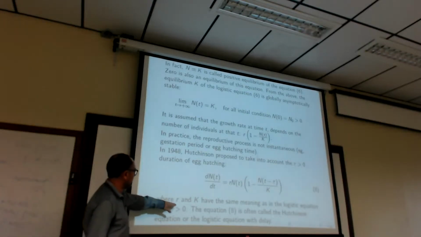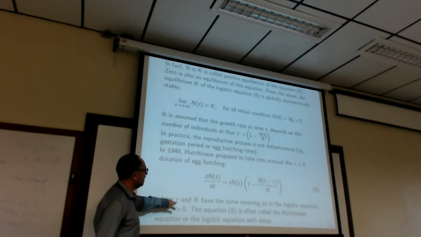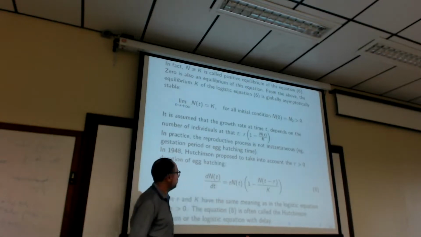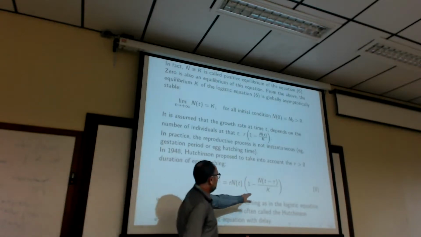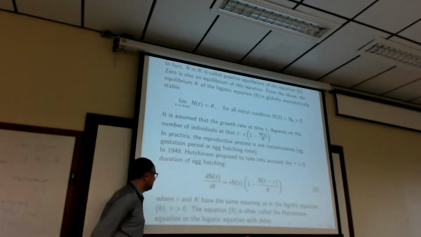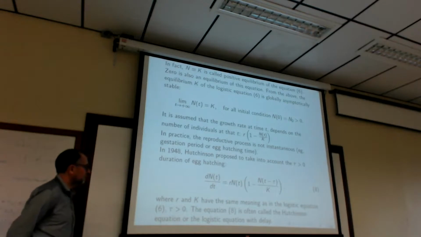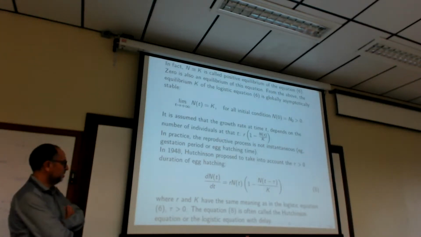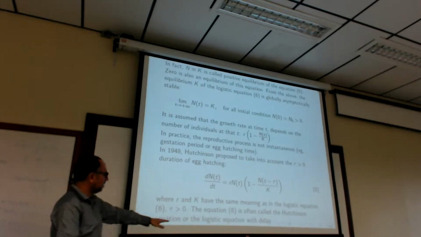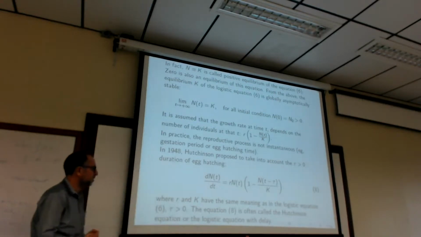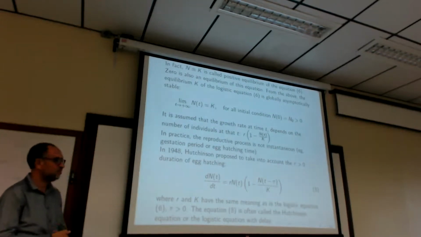He kept the carrying capacity and the growth rate the same. He changed only here by adding a delay. And then we obtain this new equation, which is called the Hutchinson equation, or logistic equation with delay.